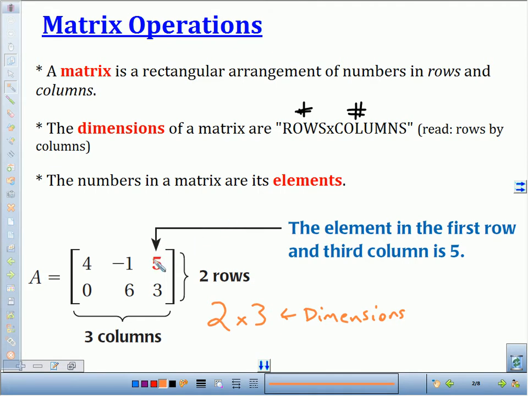For instance, I have highlighted the element in the first row, 3rd column. This element is 5. But I could just as easily have said the element in the 2nd row, 2nd column, which would be 6. I can specify any of the 6 numbers that I want to by saying what row it is and what column it is.